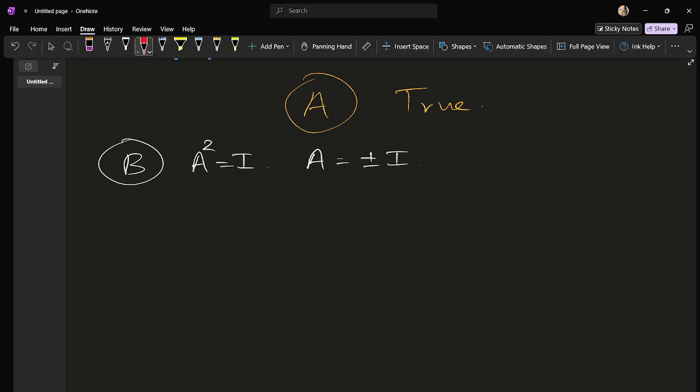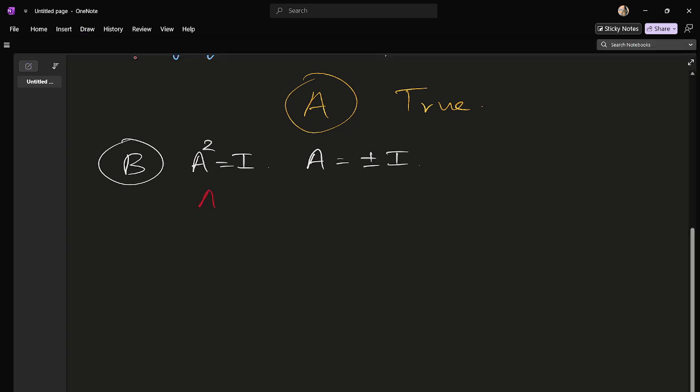Take the matrix A equal to 1, 0, 0, minus 1.